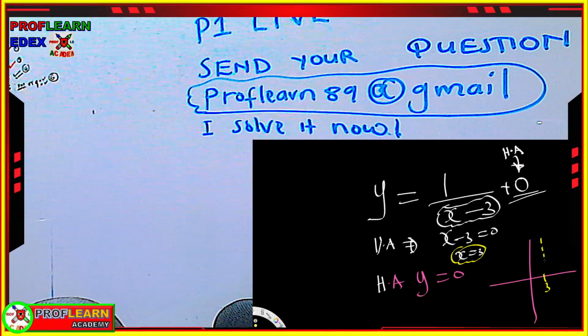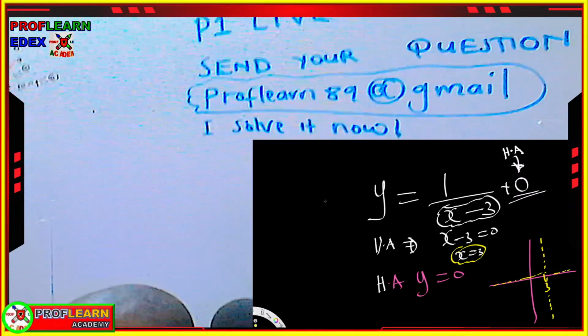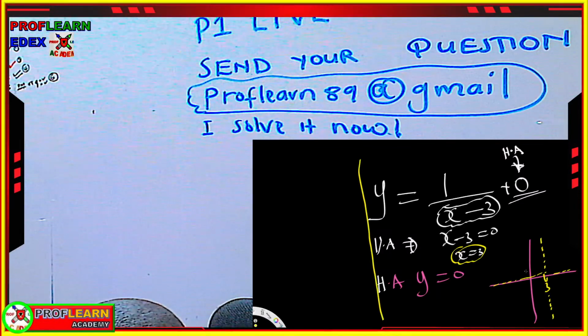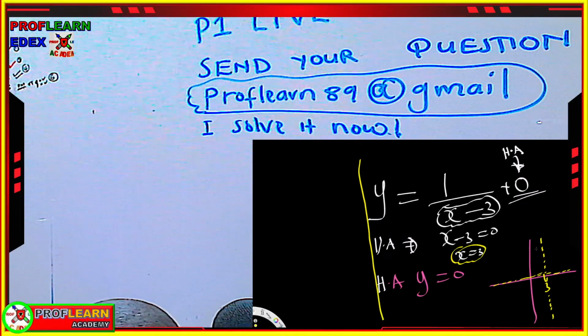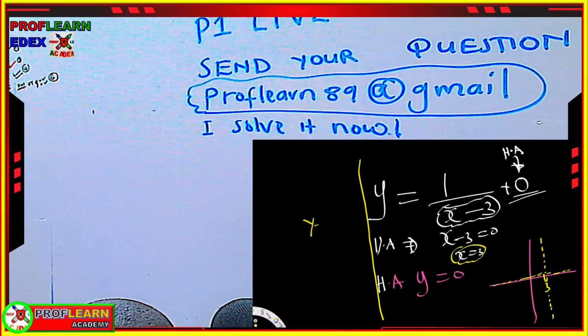So that vertical asymptote will pass through that point, and the horizontal asymptote will pass through. Then you need to know what is the x-intercept and what is the y-intercept. Since the horizontal asymptote is the x-axis, we are not going to have the x-intercept, we shall have the y-intercept.